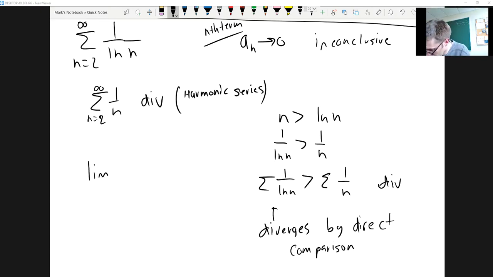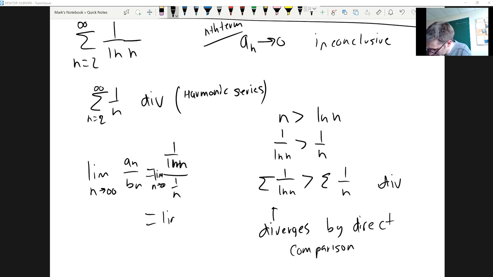Okay? And if you don't like the direct comparison test, we could just as easily come to the same conclusion by looking at the limit as n goes to infinity of an over bn. In this case, we'd have 1 over log n over 1 over n, which is the limit as n goes to infinity of n over log n.